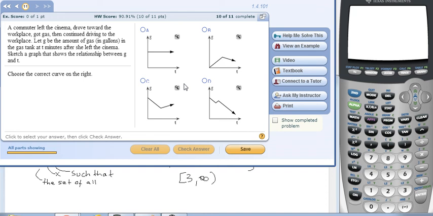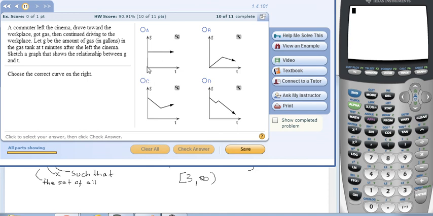Okay, so let's read through the scenario first. A commuter leaves the cinema, drives toward the workplace, gets gas, and continues driving to the workplace. All right, we do that a lot. We went to the movies, we're going to go to work now, ran out of gas, go fill up, and keep going. The G, which is the y-axis, is the amount of gallons of gas that you have in your car, and T is the time.